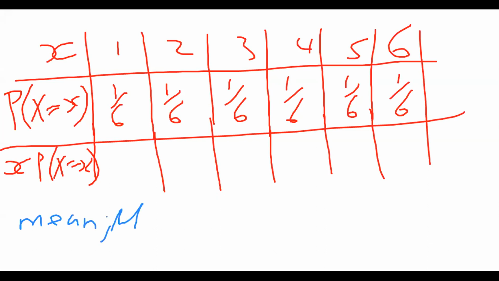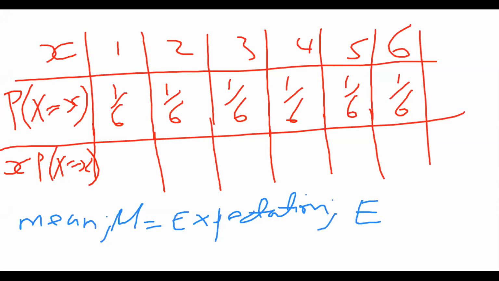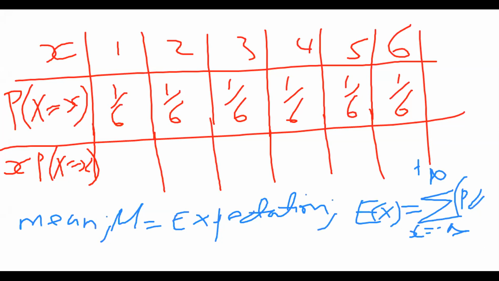I am calling the expectation, summarized as E of X, simply equal to the summation from negative infinity, from the smallest value up to the biggest value of x, of x times the probability.